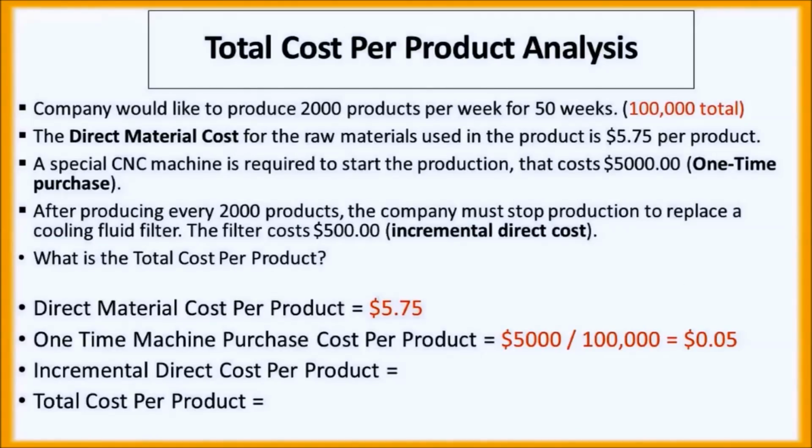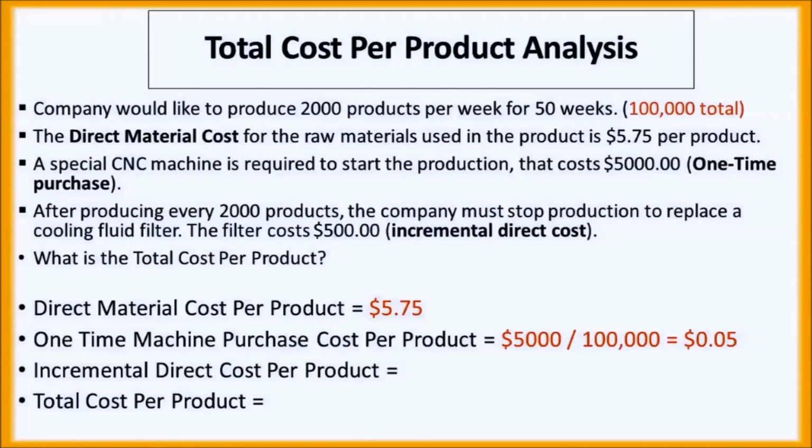Next is the one-time machine purchase cost. Now this is a cost that we are going to incur at the beginning of this project where we will purchase the CNC machine, and apparently this one costs $5,000, and then we will produce all of the products that we need to produce on that machine.